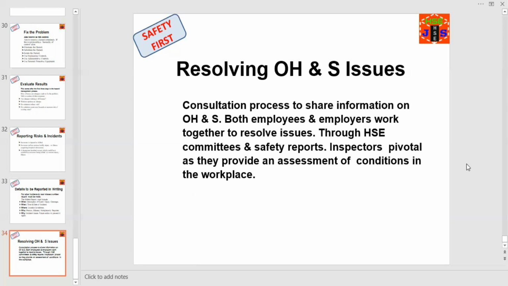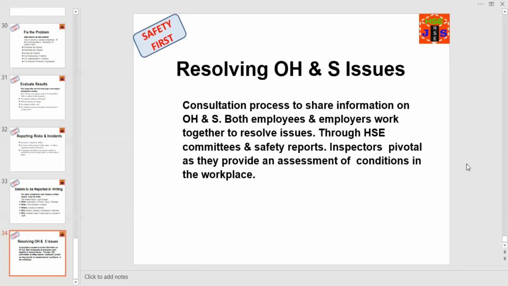HSC officers, inspectors, or engineers are the pillars and the main line of concern as they provide an assessment of conditions in the workplace, whether it is acceptable, it is up to the mark, or it is below the standard, and it may lead to an accident or incident. That's why it's the responsibility of the management to take care of these reports.